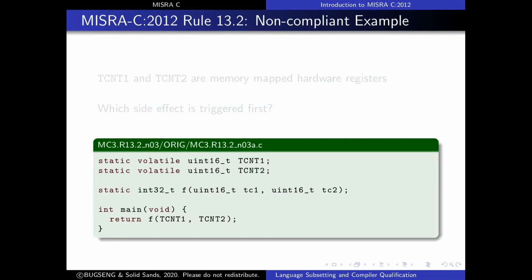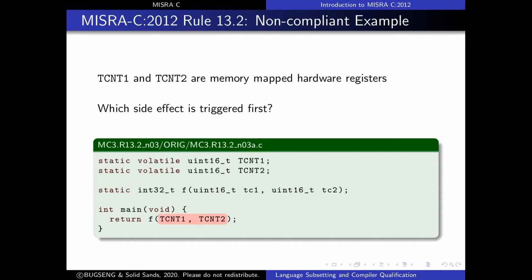So let us see an example, which is the best possible thing. Here we have two volatile variables, and volatile variables are used to model, for example, memory mapped registers in the hardware, and reading a volatile variable can cause an effect, a behavior which is visible on the outside.